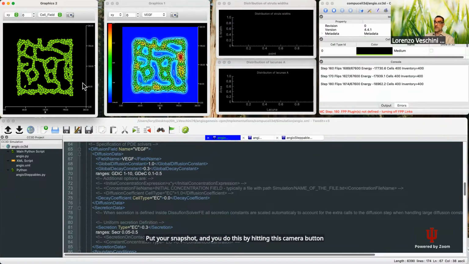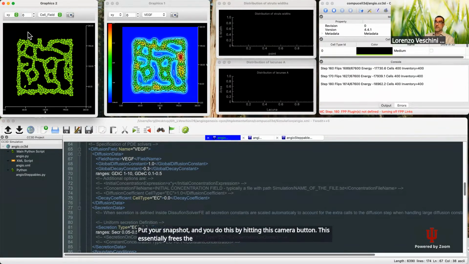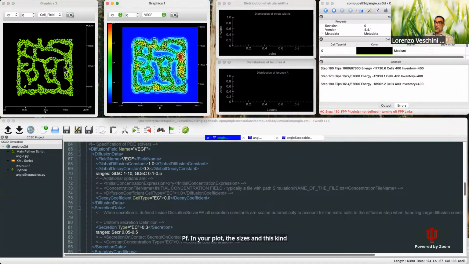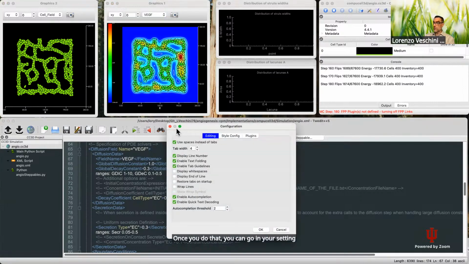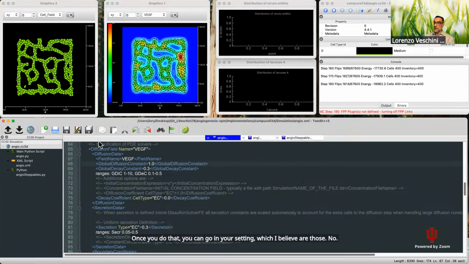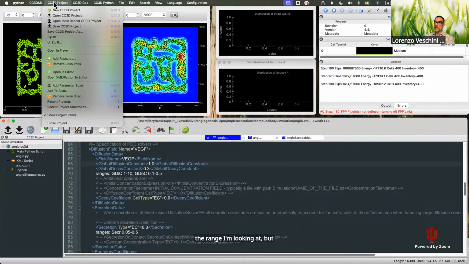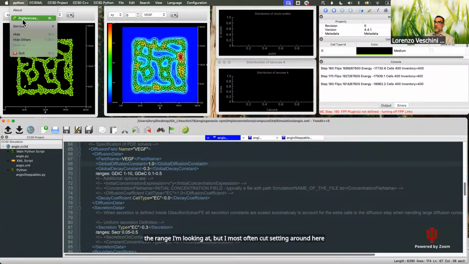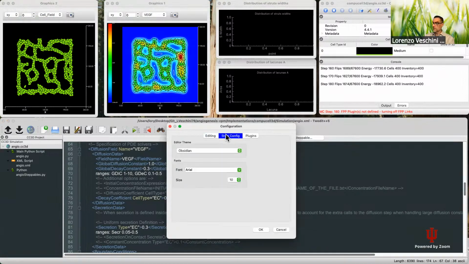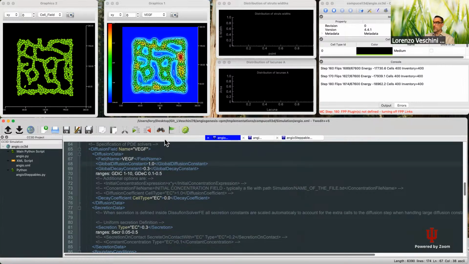This essentially freezes the size and the layout that is here in your plot. Once you do that, you can go to your settings, which I believe are those. No, they are not those. I most often look at settings around here. Preferences. Style config, no, not this. I need to look at the other ones.